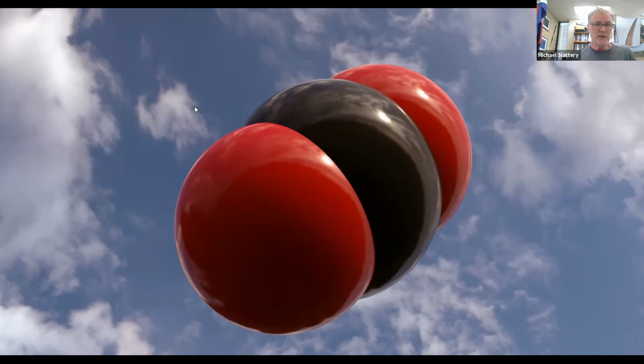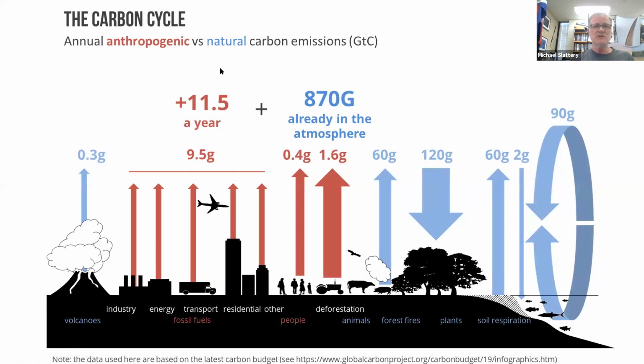Of course, as you saw from the absorption curve, water vapor is a much more important greenhouse gas in the sense that there's more of it. But the amount of water vapor in the planet changes between phases, but it's there. It's not changing. What is changing is the amount of carbon in the atmosphere, and so that's why we're going to focus on it. So this is the carbon cycle.